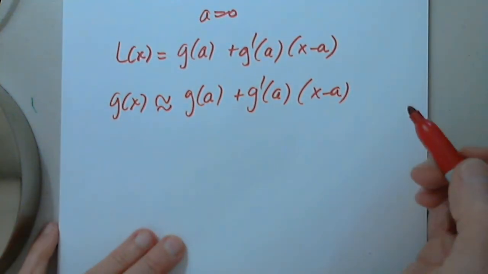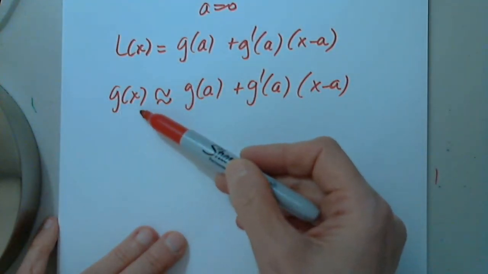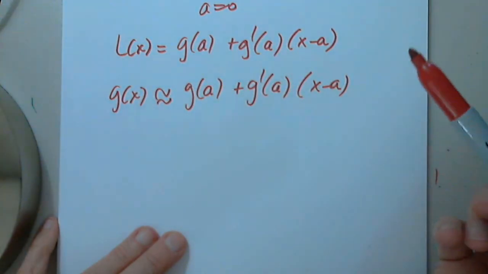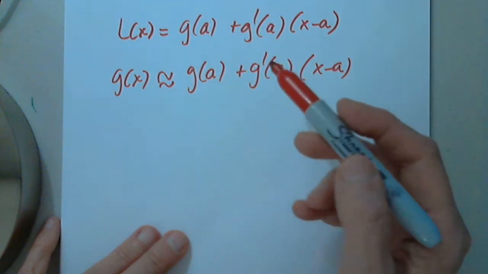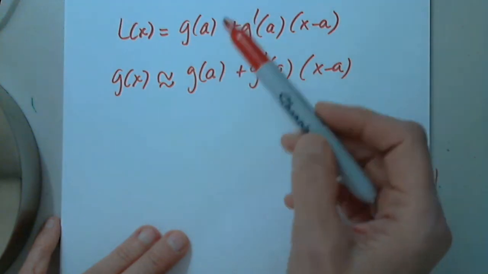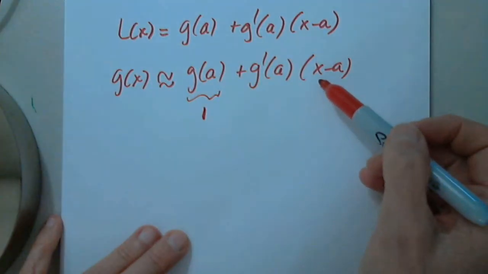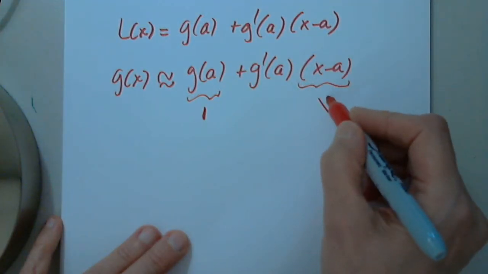That's exactly the same thing. So this is the linear approximation, and this is the linearization. They are identical. Okay, so g of 0 is 1. This is x minus 0, which is x.